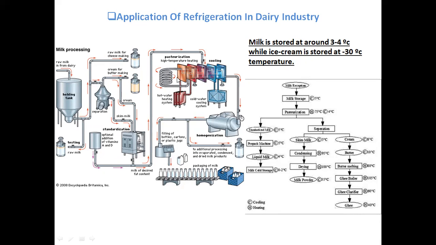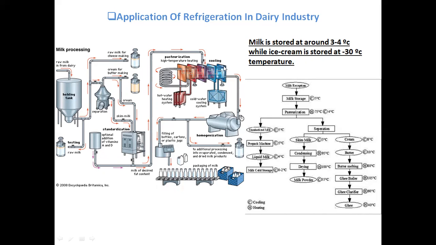In the dairy industry, pasteurization, we all know, is the process where you initially heat the milk up to 75 degrees Celsius, and after heating it is suddenly cooled to 5 degrees Celsius. This cooling from 75 to 5 degrees Celsius in a very short period, a few seconds, is known as the pasteurization process, where lots of bacteria are killed or their activity is reduced.